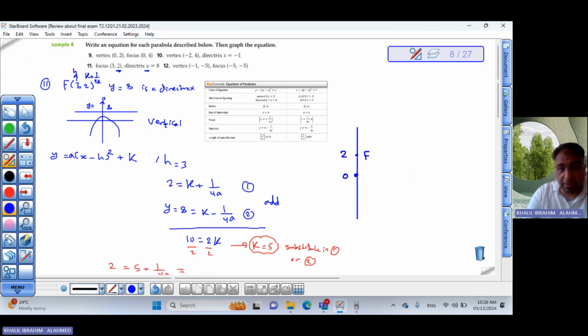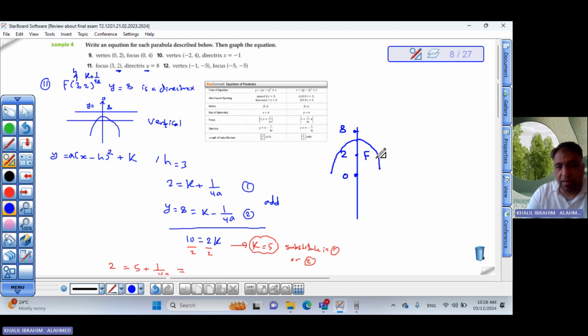This is the focus, which is inside the parabola, but the directrix is back. Okay, back 8. Where is 8? This is 8 here. This is back. That means the parabola may go down. Go down. Yes. Up and down.